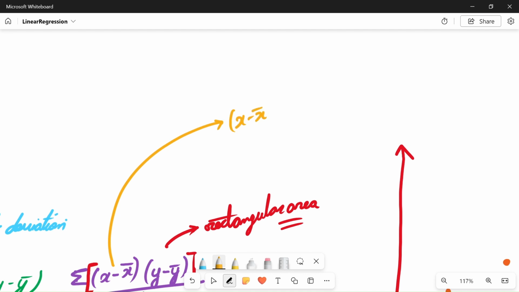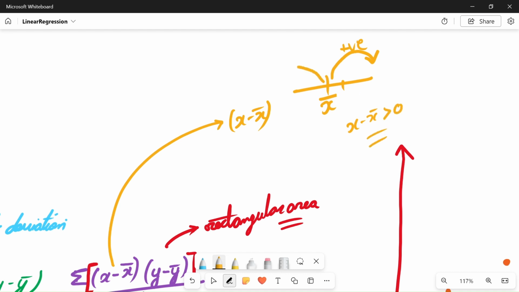x minus x bar, what I am claiming is x minus x bar shifts the origin of the coordinate system to x bar. Why am I saying that? Because if you take any point which is to the right of x bar, then x minus x bar will always be positive.